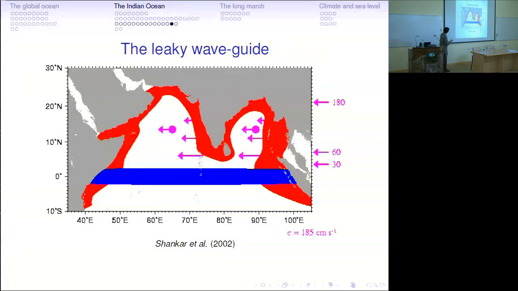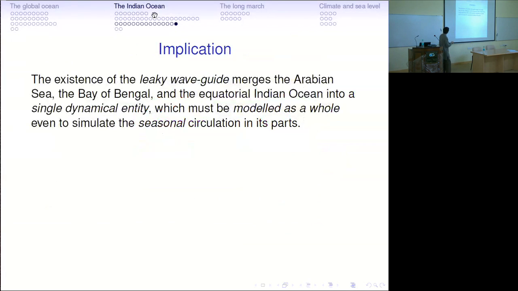So even if I want to study what happens off Goa, I don't have a choice. I have to model the entire Indian Ocean. This is the indication: the existence of this leaky wave guide. The Indian Ocean is a single dynamic entity. I cannot break it up. It must be monitored as a whole. So if I want to explain the seasonal cycle of sea level or current or both, I need to model the entire basin.